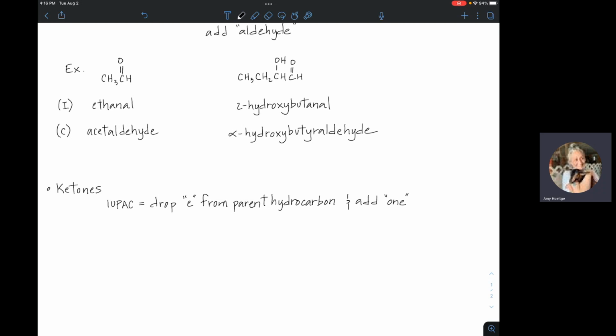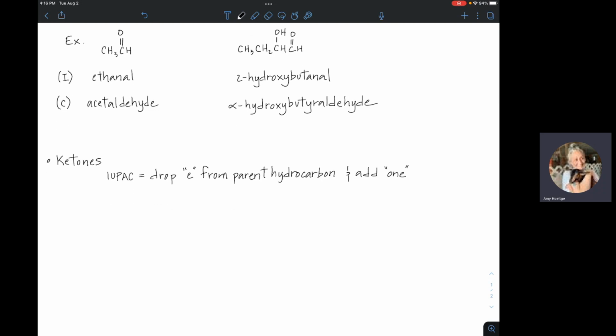So one will be the suffix for the ketone. IUPAC is going to use numbers to indicate the carbonyl placement.